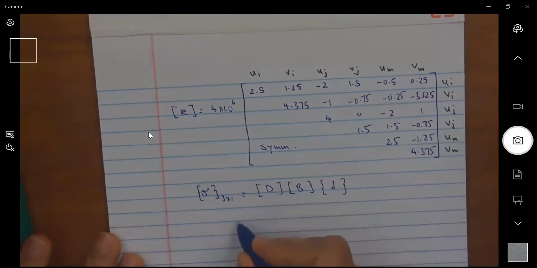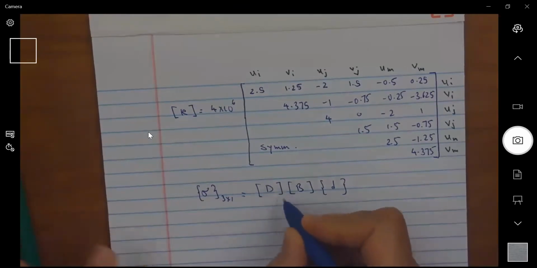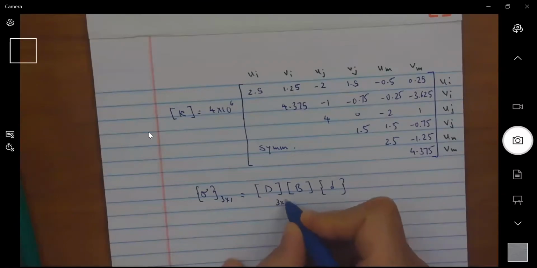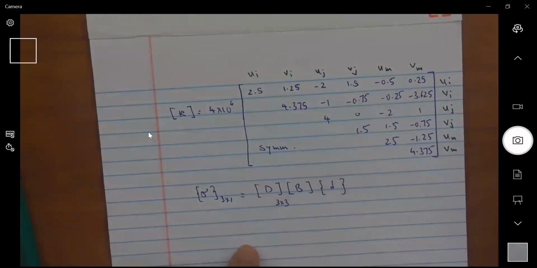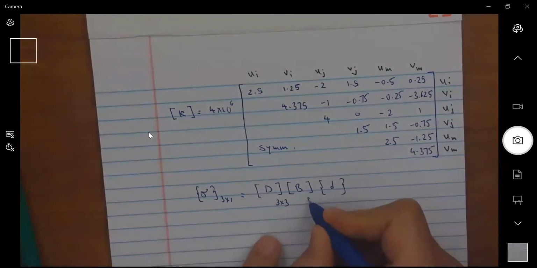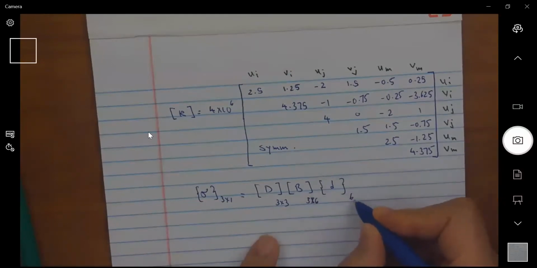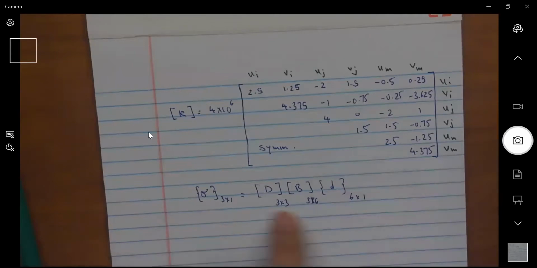D is a 3 by 3, and B is a 3 by 6, and d is a 6 by 1. So you can see here, this is balanced.